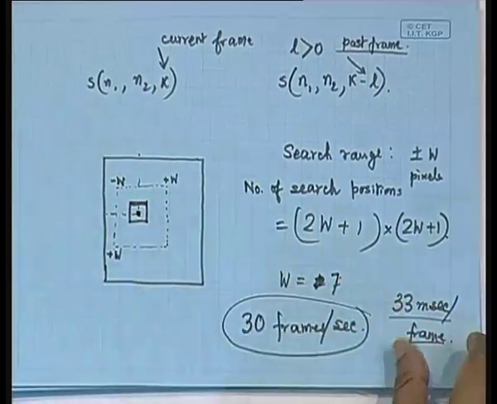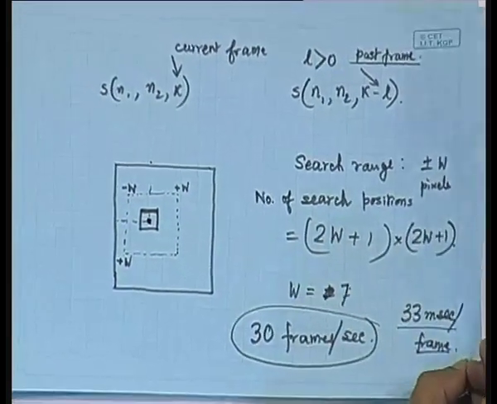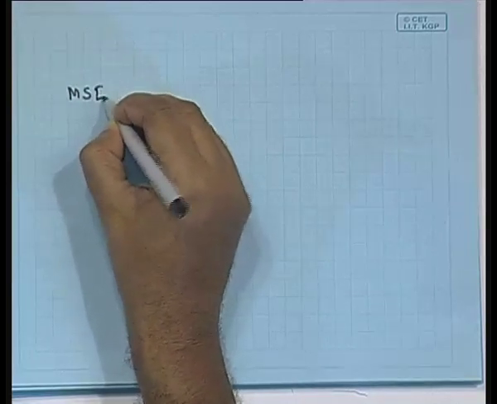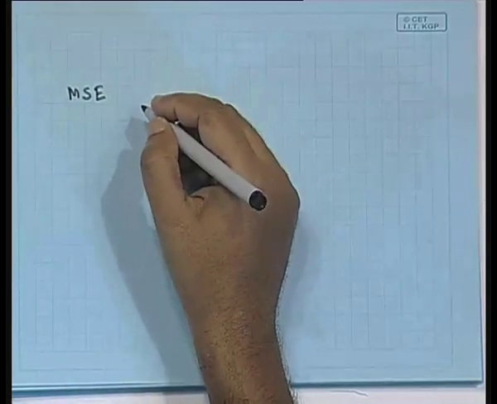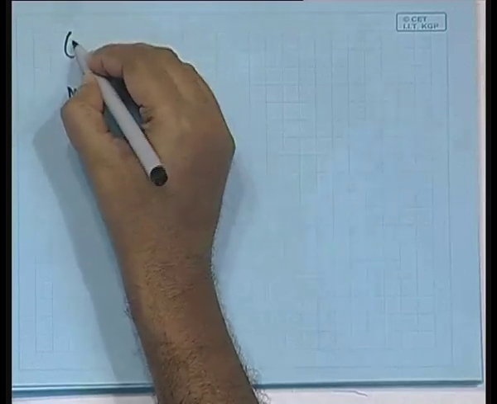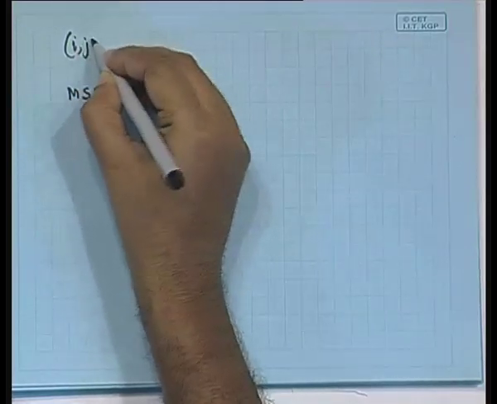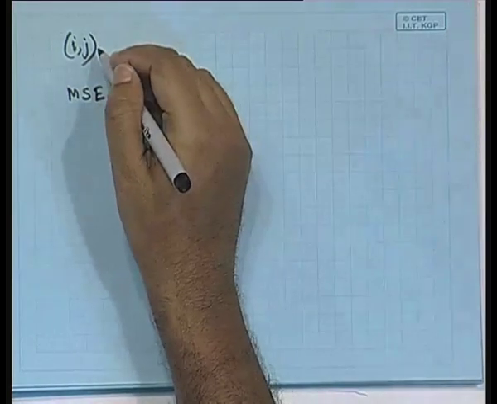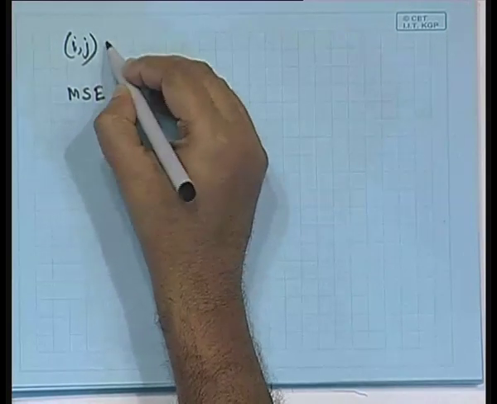In order to compute the matching criterion based on the mean square error, let us say MSE, we compute the matching score with a displacement vector of i, j. So, i, j is the displacement vector.